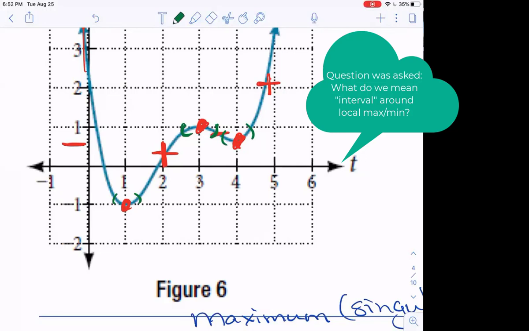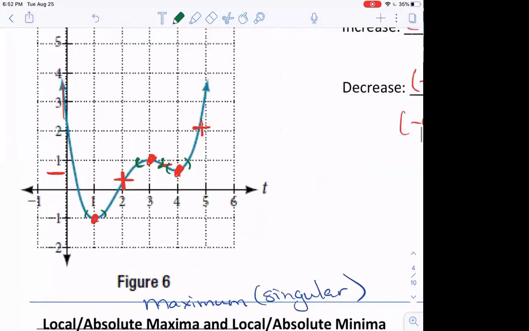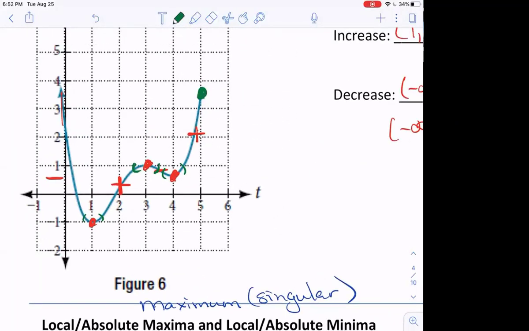But because of the definition of local, if this graph, let's say it stopped here, this could not be a local point because I have points to the left of it, but I don't have points to the right of it. It has to be within an interval of points. It could be an absolute max or an absolute min of the entire graph. We just can't call it a local.